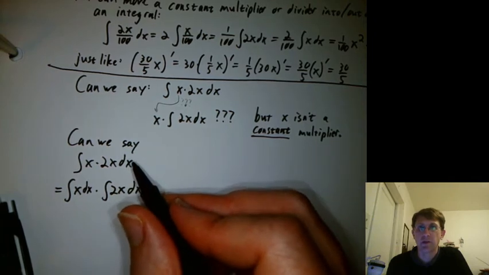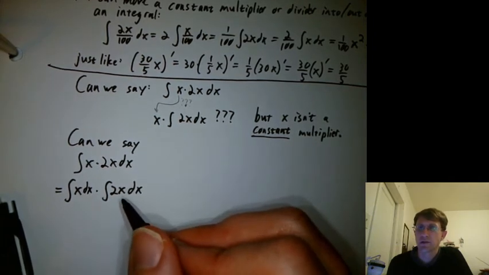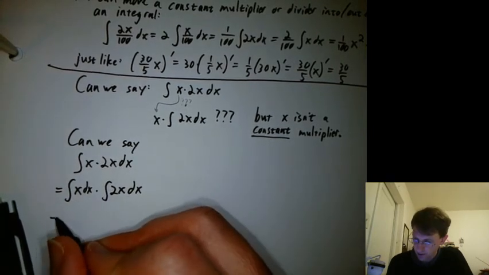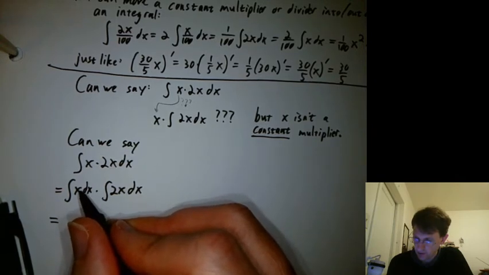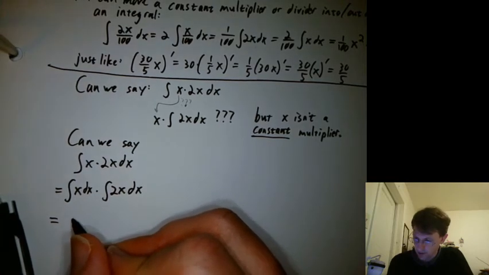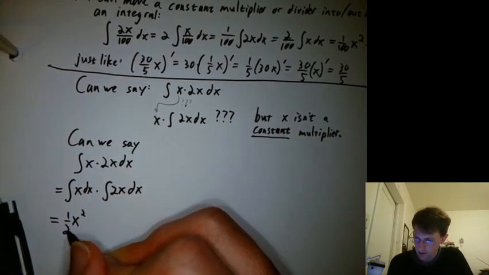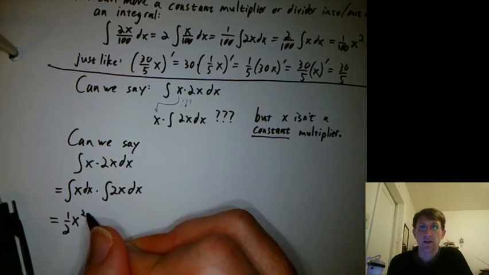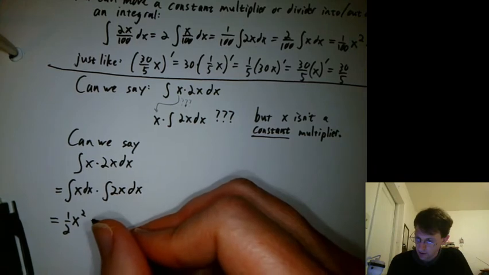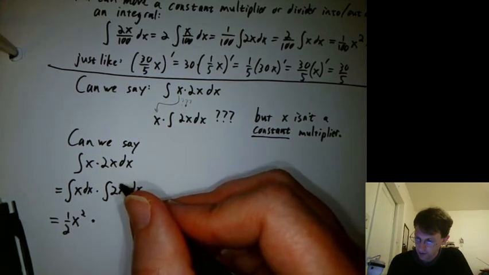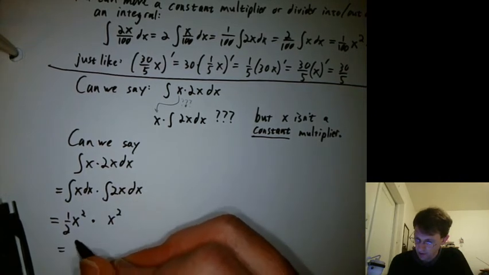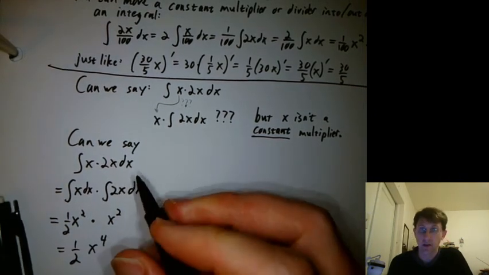Rather than saying, well, I only have one dx, I shouldn't have two of them in the product, which is kind of true. But let's follow this to its logical conclusion. What's the integral of x? Well, what function, when I take its derivative, gives me x? It should be x squared, but I need a 1/2. So when I take the derivative and the 2 comes down, it gets ambushed by the 1/2, and I'm left with x. And then the integral of 2x is just x squared. So altogether we get 1/2 x to the 4th.